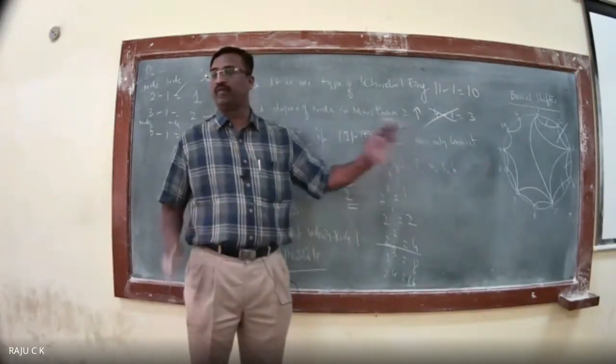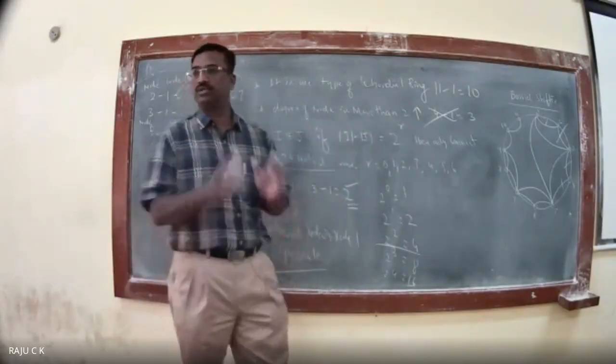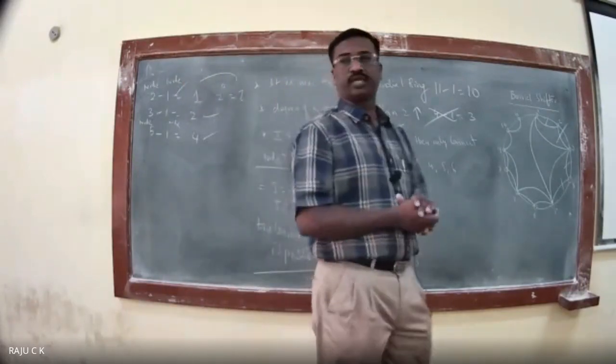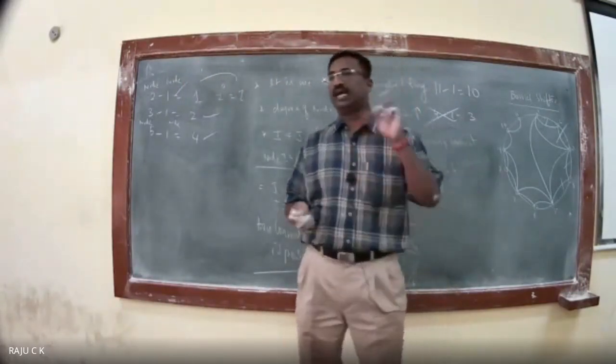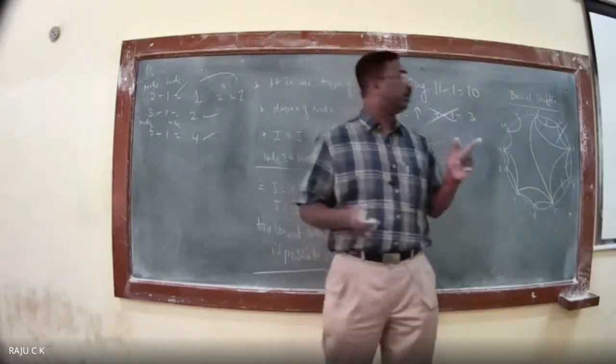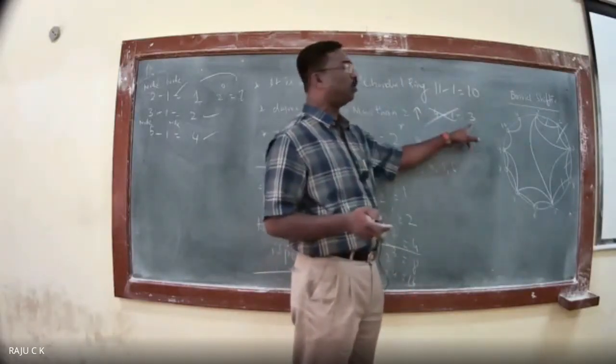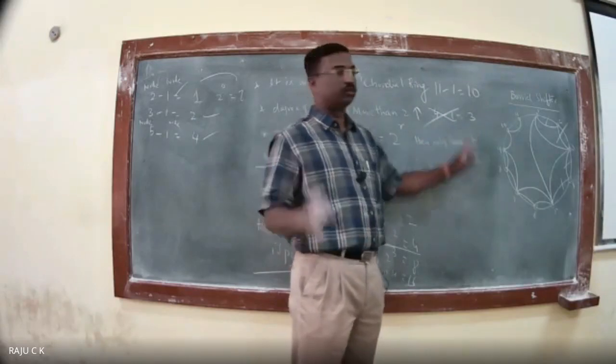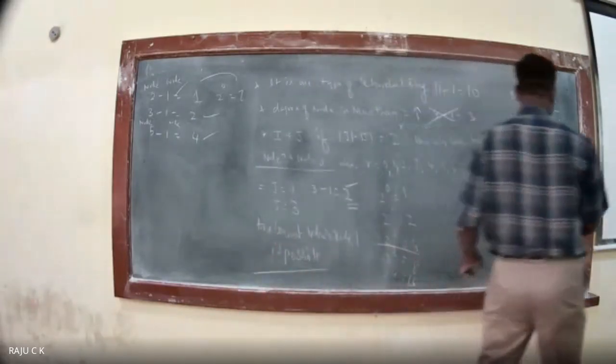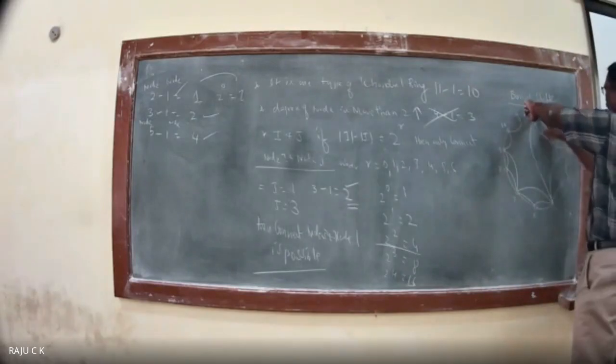If it is not possible, don't join. Here 4 minus 1 is equal to 3, not possible, so I am not joining 4 and 1 here.